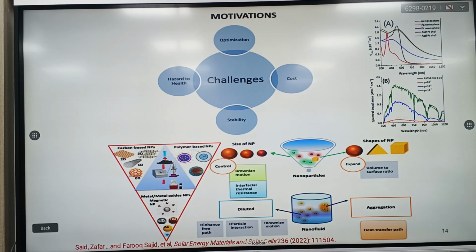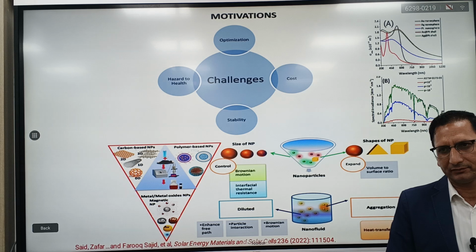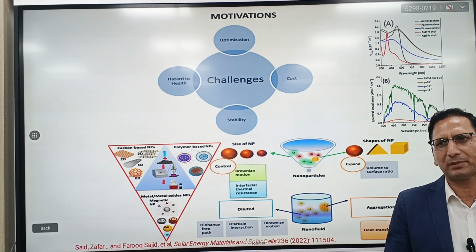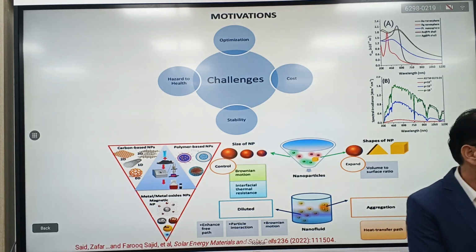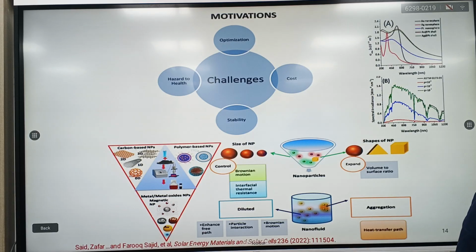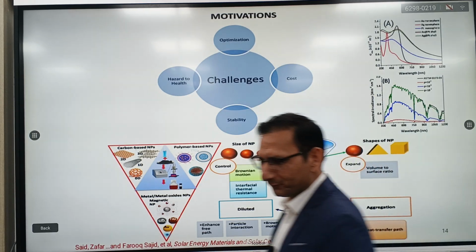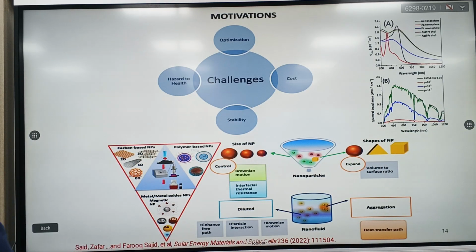This information is very important before you go for application. If you go on using gold or silver nanoparticles, you find a million papers. But nobody optimized the system they are using to develop their platform, either for sensing or for solar or something else. So this is the reason I started from calculations.